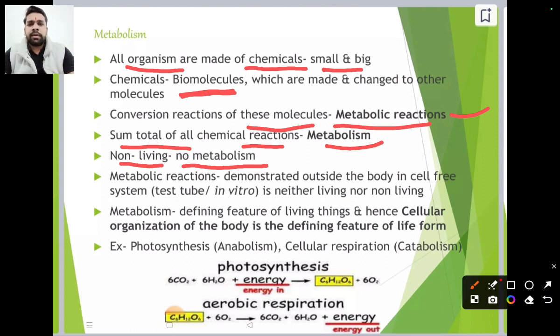Metabolic reactions demonstrated outside the body in a cell free system, test tube, in vitro, are neither living nor non-living. जो भी मेटाबॉलिक रिएक्शंस बॉडी के बाहर एक सेल फ्री सिस्टम में जैसे कि टेस्ट ट्यूब या इन विट्रो फर्टिलाइजेशन में होता है, उसको नाइदर लिविंग कंसिडर किया जाएगा और नाइदर नॉन लिविंग कंसिडर किया जाएगा. ठीक है. तो हेंस I can clearly say that metabolism is the defining feature of living things, and hence cellular organization of the body is the defining feature of life form.